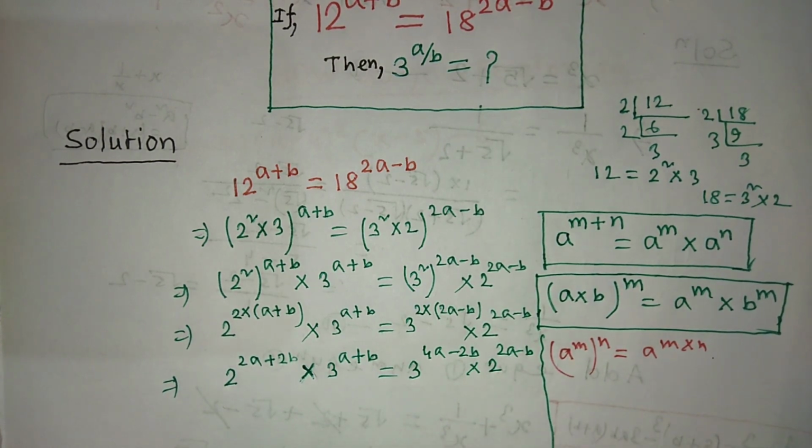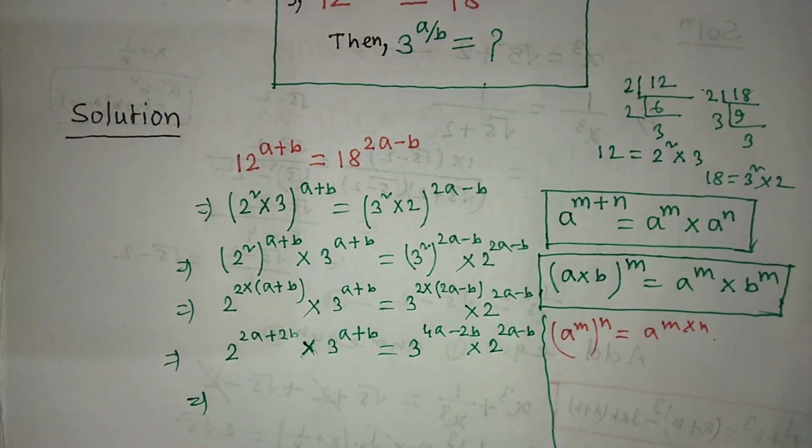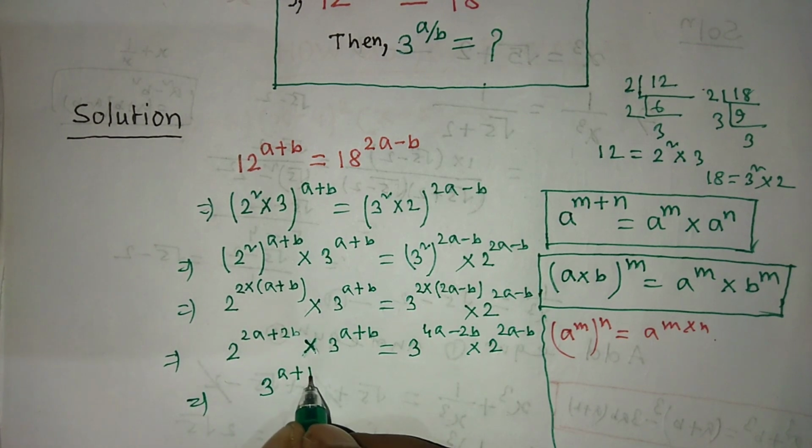Okay. So student, after that we have to arrange 3 related terms on the left hand side, and on the right hand side we have to arrange 2 related terms. So on the left hand side we write 3 to the power a plus b.